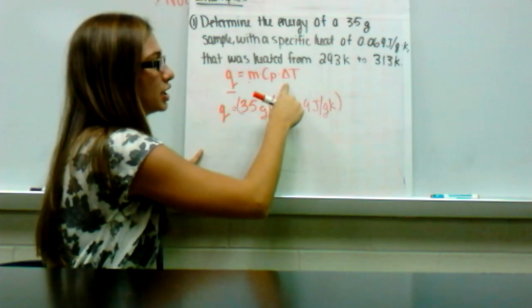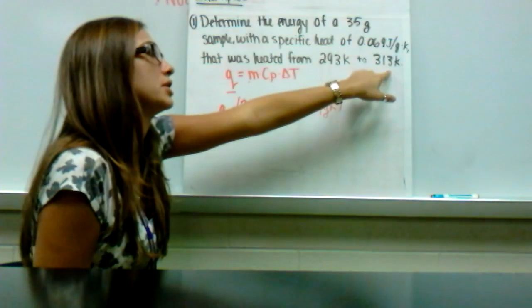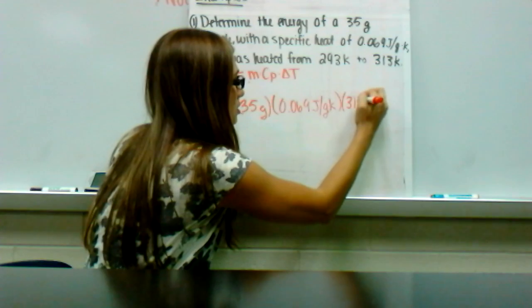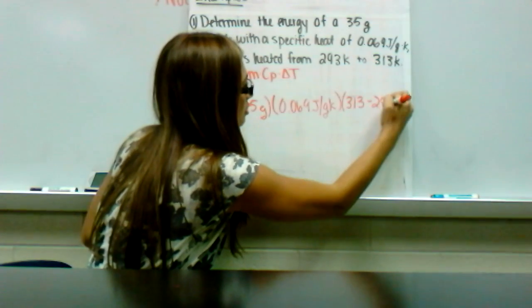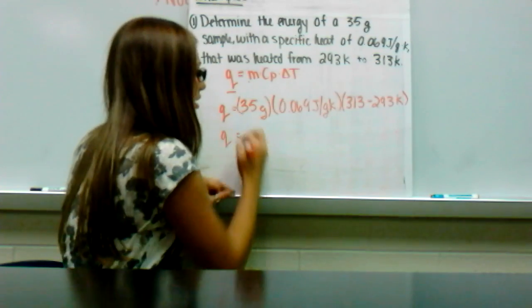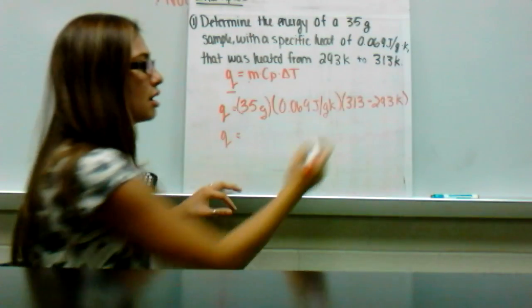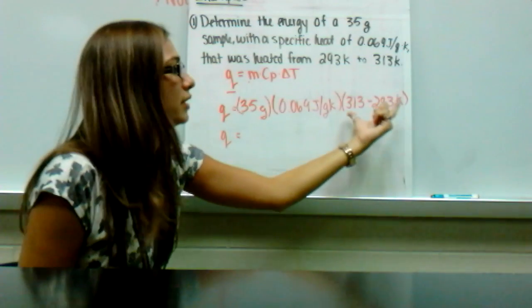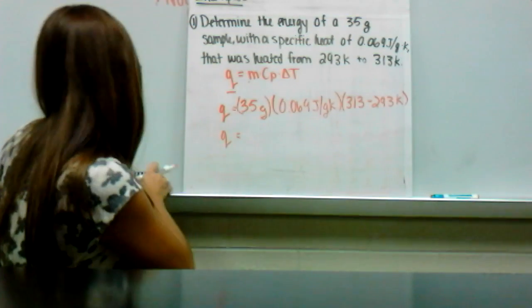And then change in temperature. So we're doing change in temperature, doing final minus initial. So it's going to be 313 minus 293 Kelvin. Now here we're just going to have to plug this all into our calculator. Make sure you do your subtraction first, or you put it into parentheses so that your numbers come out right.